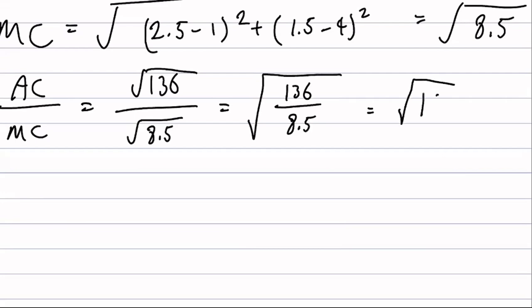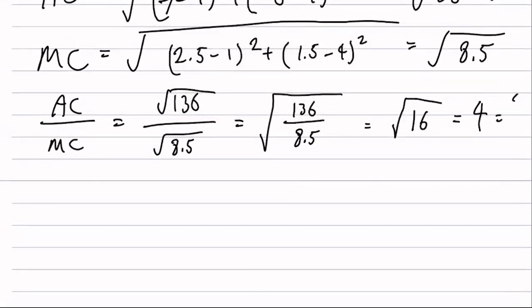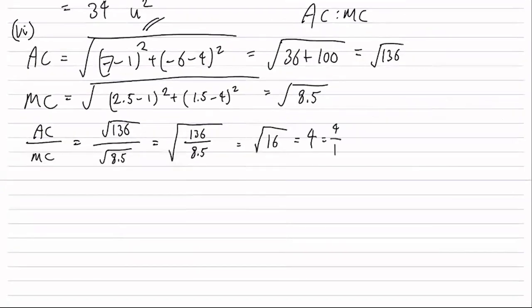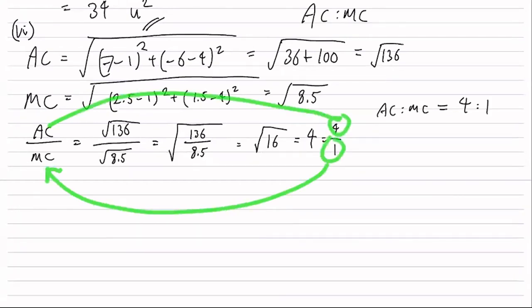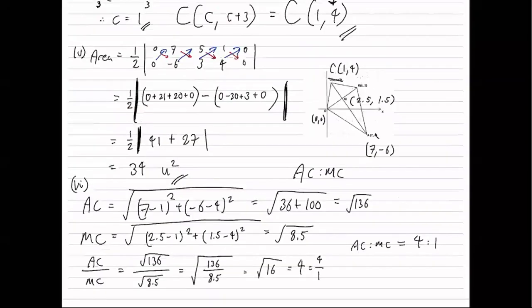Coincidentally, it's 16, which can be simplified into 4. 4 is really just 4 over 1. Therefore, the ratio is 4:1. Is that okay? 4:1. Okay? Good. Moving on.